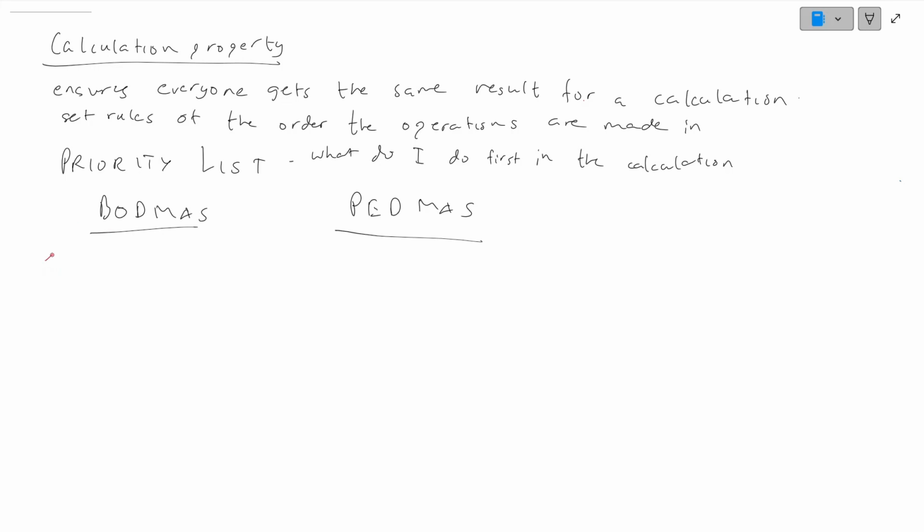The first thing I'm supposed to do is the brackets, where your B is satisfied. For PEDMAS, it means the same thing, but instead we say parenthesis, which also means brackets. The second thing that we have to do is orders, which comes from the letter O, which is just powers and roots, so exponents, which is the definition of E from PEDMAS.